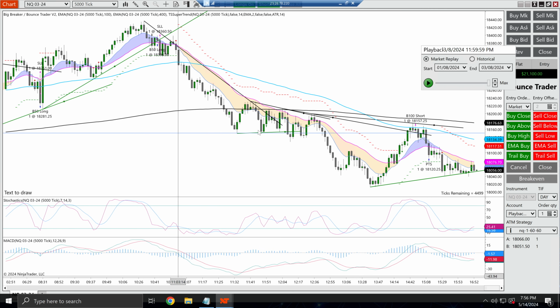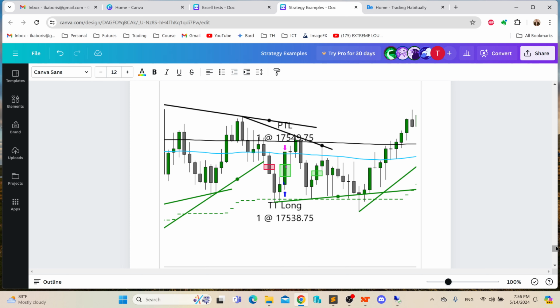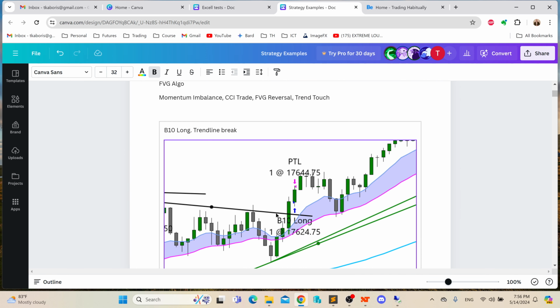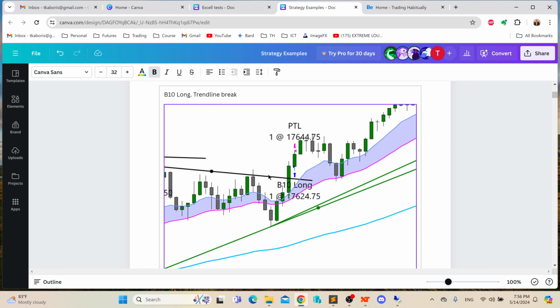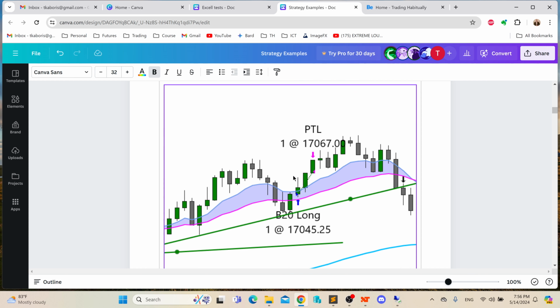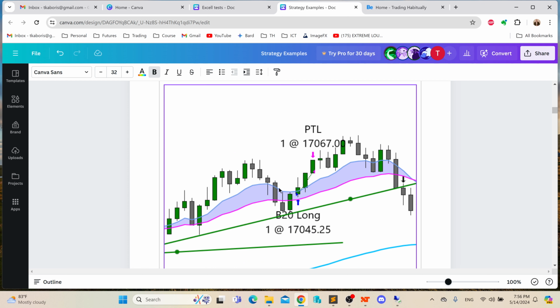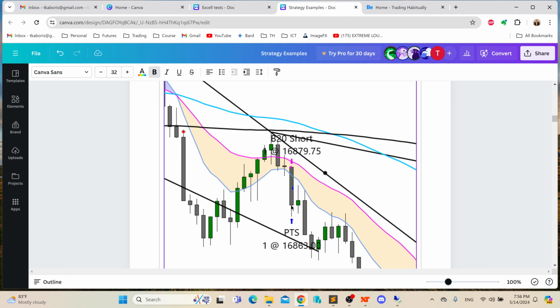And yeah, the same thing goes if you want to look more about what they are. You just B10 low, and this is a break, trend line break. Here's a trend line. It's a breakout strategy. B20 is a bounce from fast and slow EMAs.